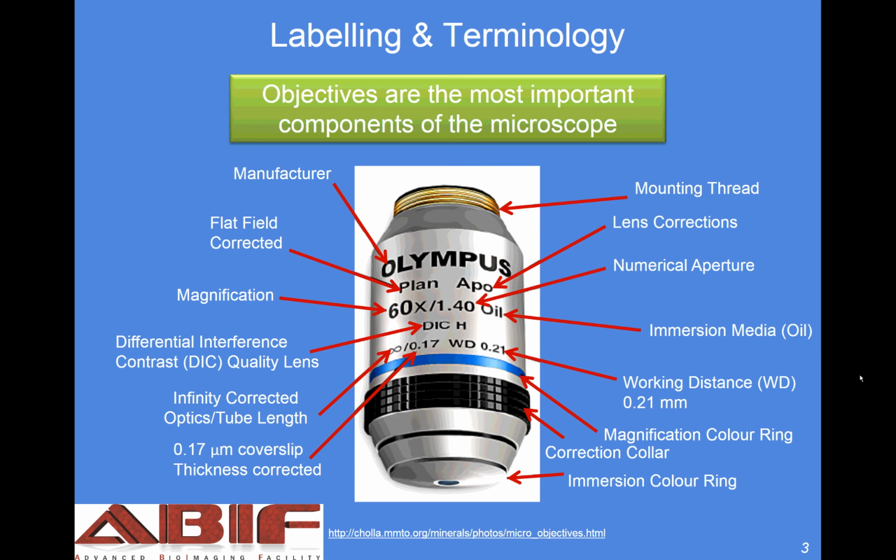So this slide can serve as a reference for what the different labels mean and the units that they're in. And there's also a web link where you can see more information on microscope objectives. So what I'll do now is go through these different types of labeling and what they mean.